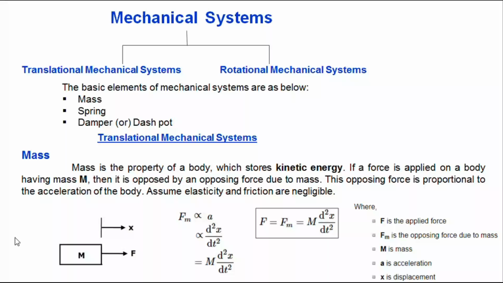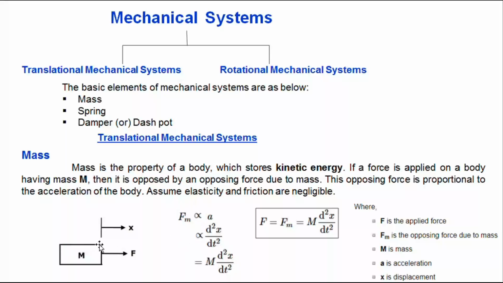That opposite force is directly proportional to acceleration. Mathematically, acceleration is denoted as the second order differential equation, d square x divided by dt square. Here add a proportionality constant, that is called mass, m into d square x divided by dt square. This is the opposite force acting on the mass element.